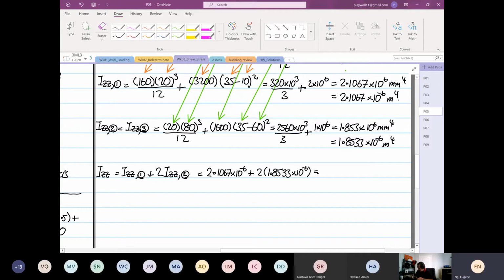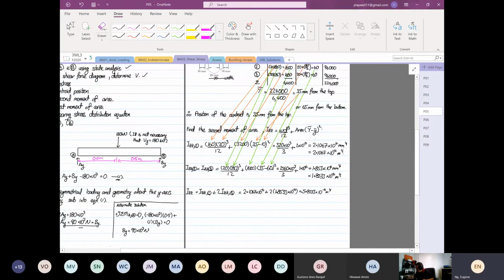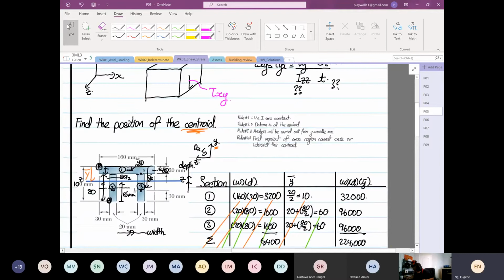So this is equal to 2.1067 times 10 to the power minus 6 plus 2 times 1.8533 times 10 to the power minus 6, which is equal to 5.8133 times 10 to the power of minus 6 meter 4. So we have just found our IZZ.